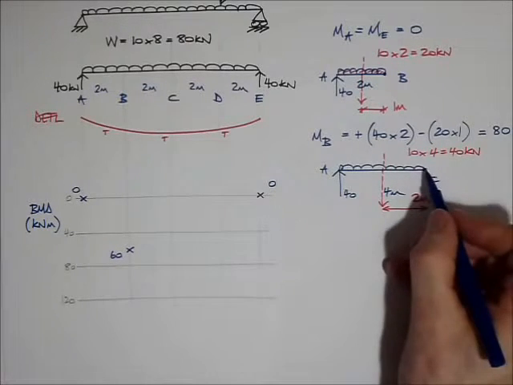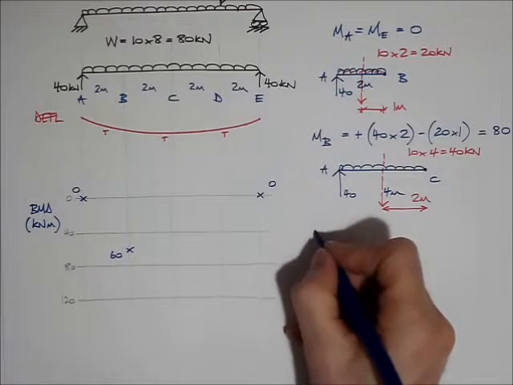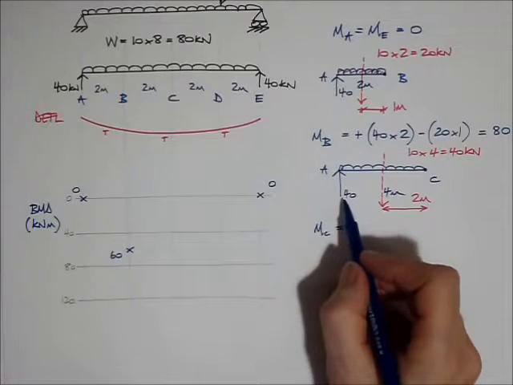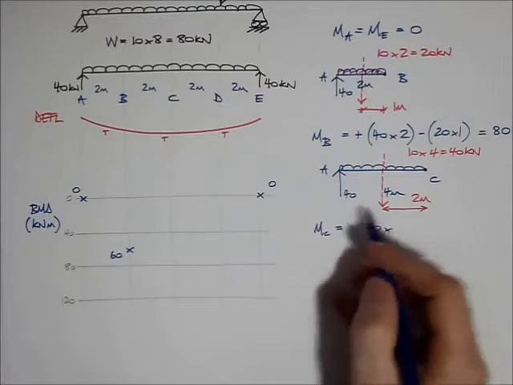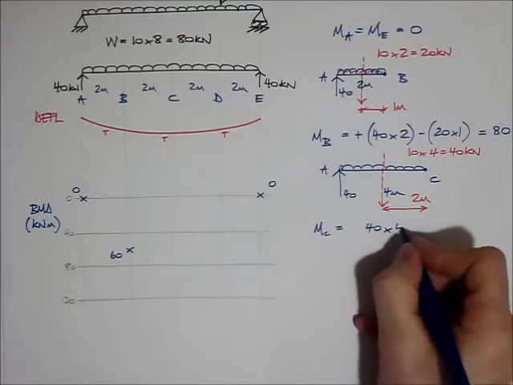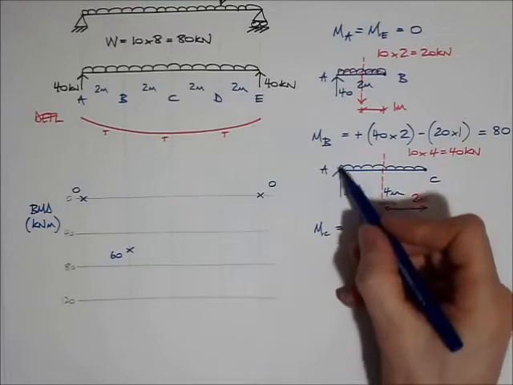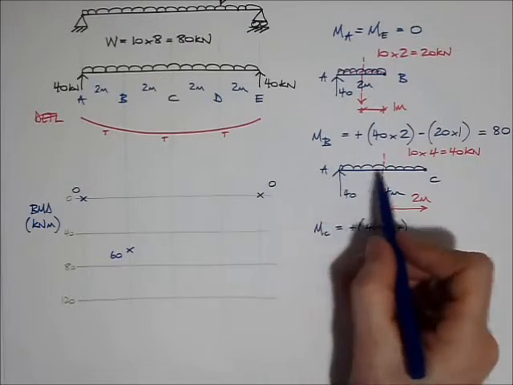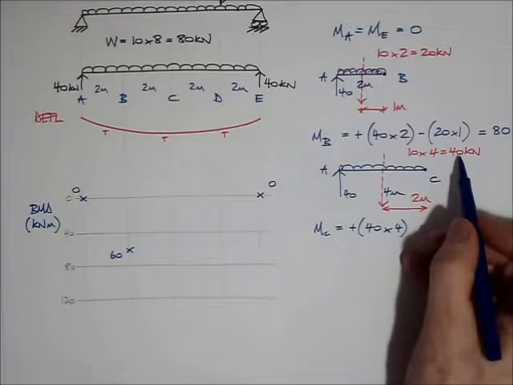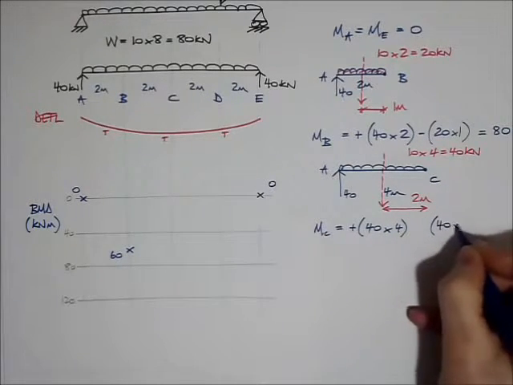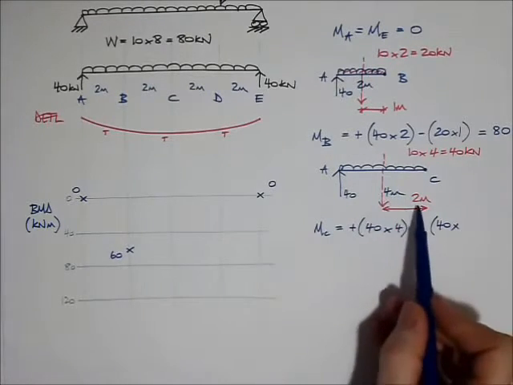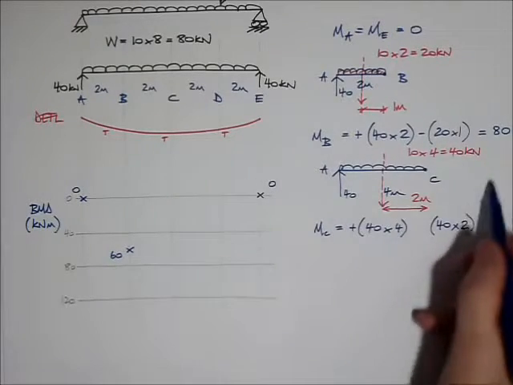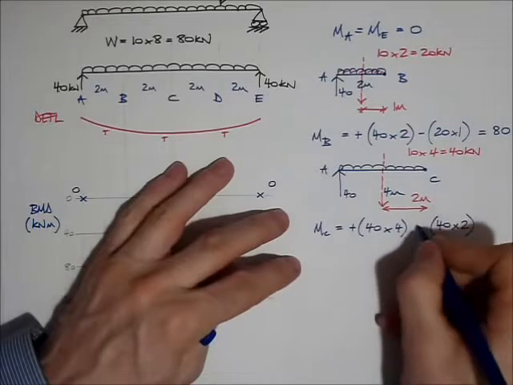Right, let's take moments around point C. MC equals, I've got the reaction at A, so that's 40 times its distance from C, which is 4 meters. And I reckon that is going clockwise around point C. And then I have the UDL, which has a total force of 40 kilonewtons, acting at a distance of 2 meters from point C. And I think that's anti-clockwise around point C, therefore that's negative.